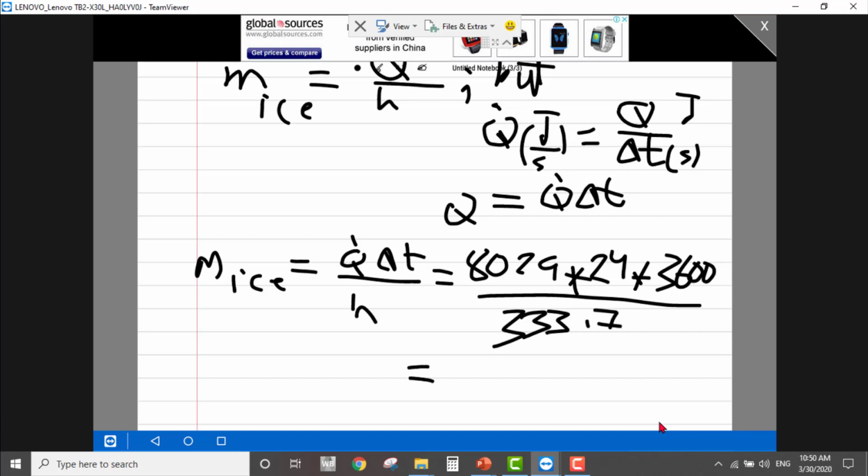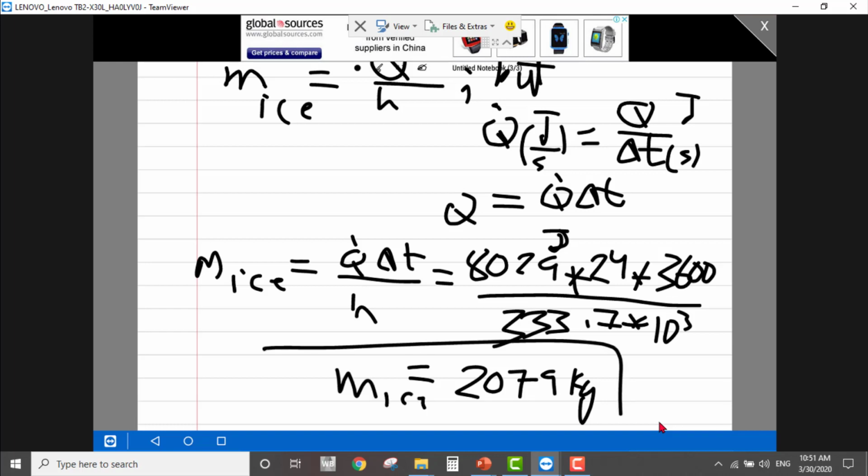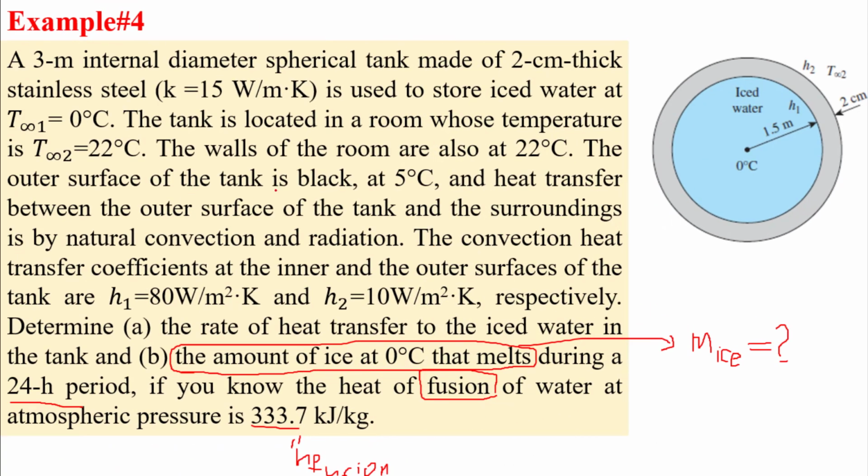Remember that this one is in joule and 333.7 is in kilojoules, so I need to multiply it by 10 to the power 3, and the answer here is 2079 kilograms. So this is the mass of ice, the second requirement. So this is the solution of this example, part A and part B. Let's see another example.